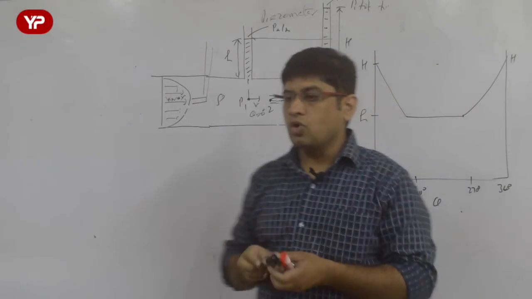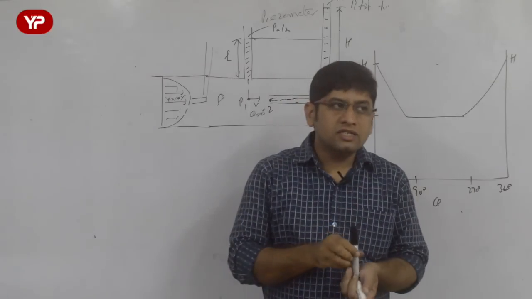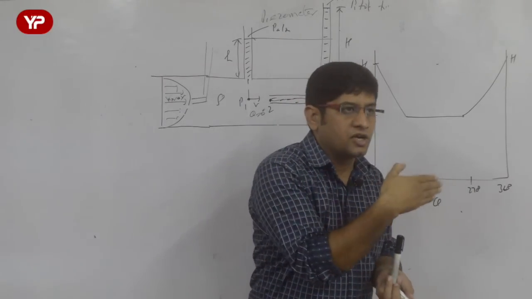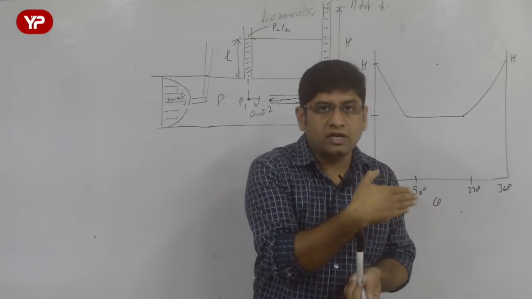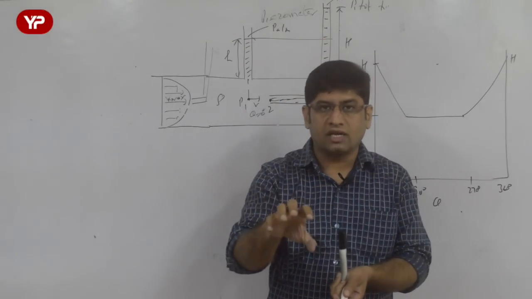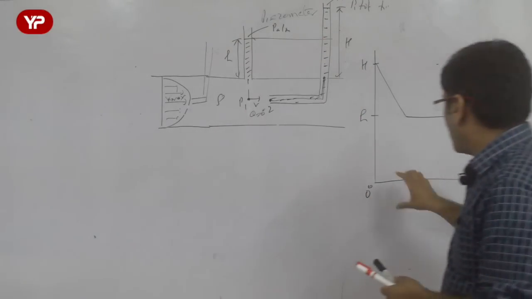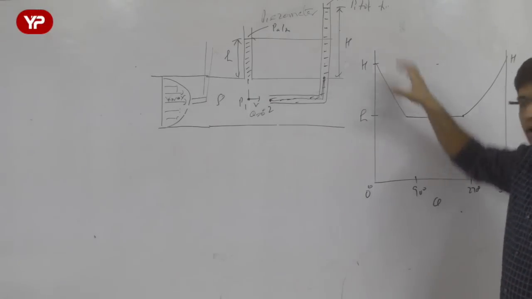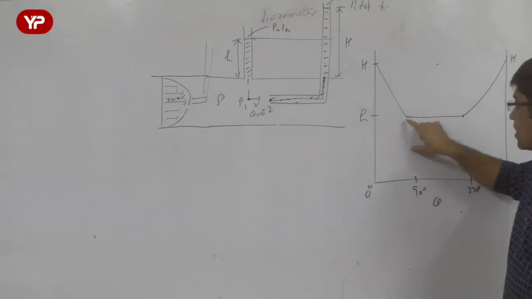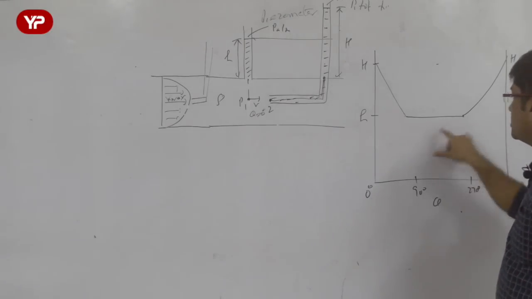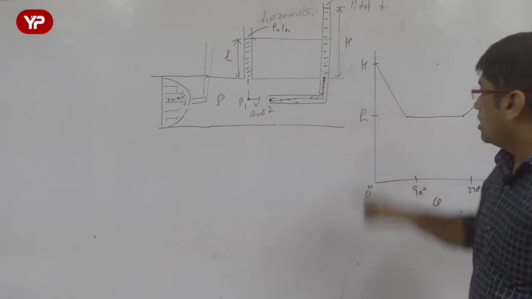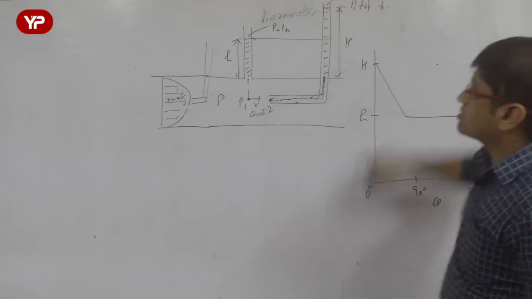So if somebody asks you how the stagnation head changes when I rotate the pitot tube, the answer is: when I rotate the pitot tube, the stagnation head becomes static head. From 0 to 90 degrees the stagnation head decreases, from 90 to 270 degrees it remains small h only, and then it again starts increasing.